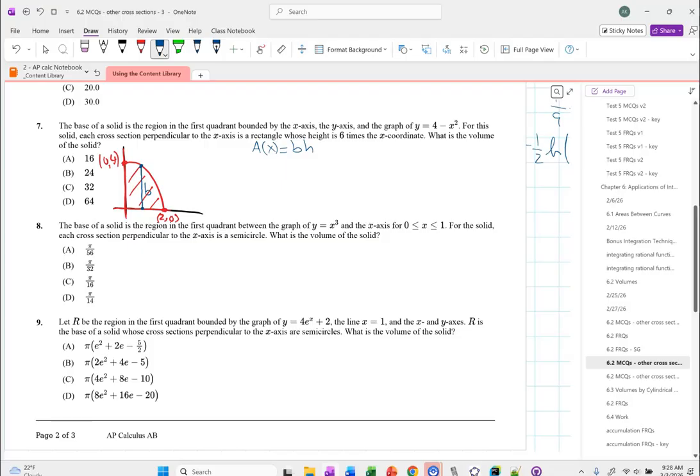Well, it says the height is 6 times the x-coordinate, so I assume that's not the piece that's drawn in the plane. Right? I think that to me looks like the base. The height is 6 times the x-coordinate. That's just the 6x.